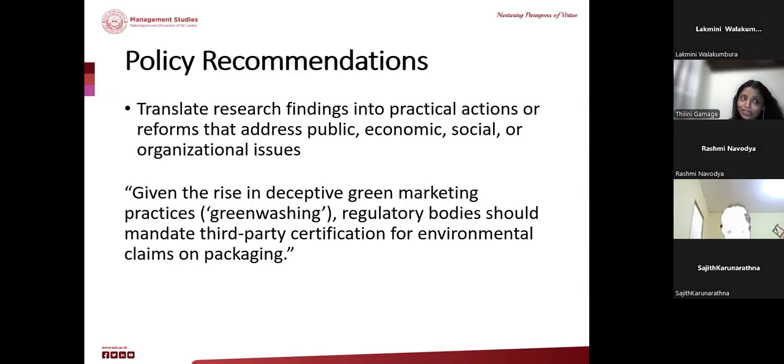So by providing policy recommendations, definitely researchers can make a much bigger impact at societal level.